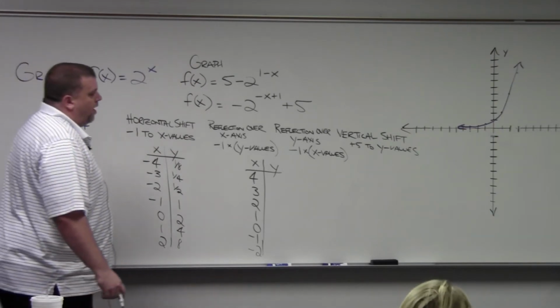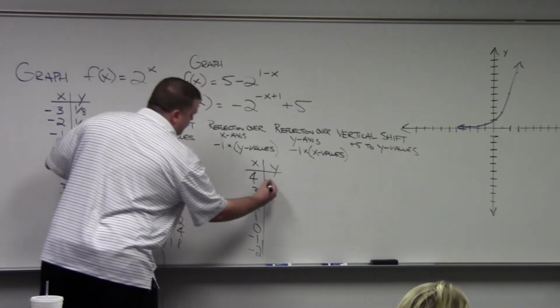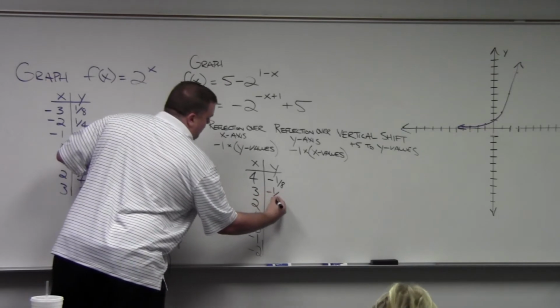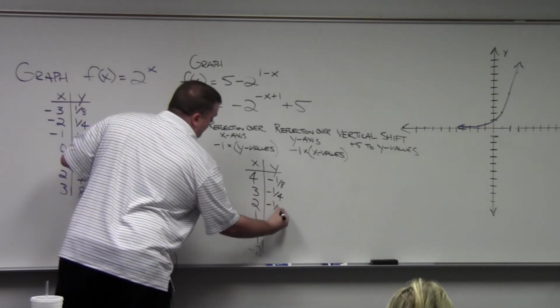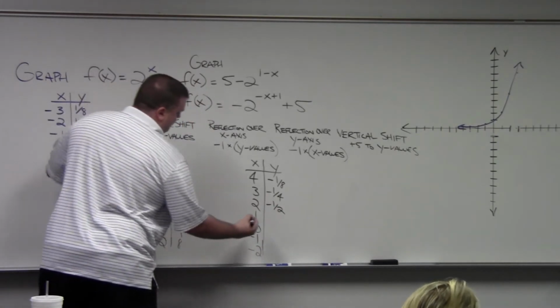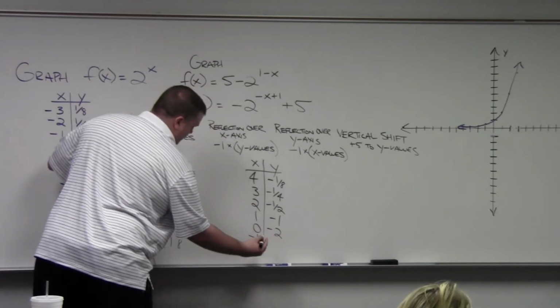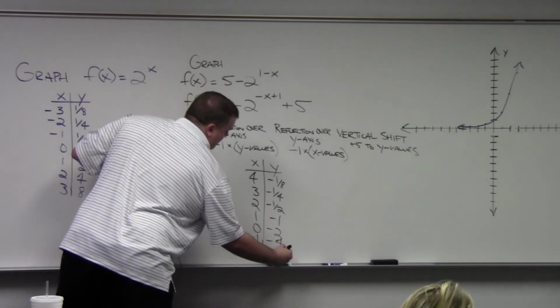If I multiply my y values by -1, it's just going to change the signs. -1/8, -1/4, -1/2, -1, -2, -4, and -8.